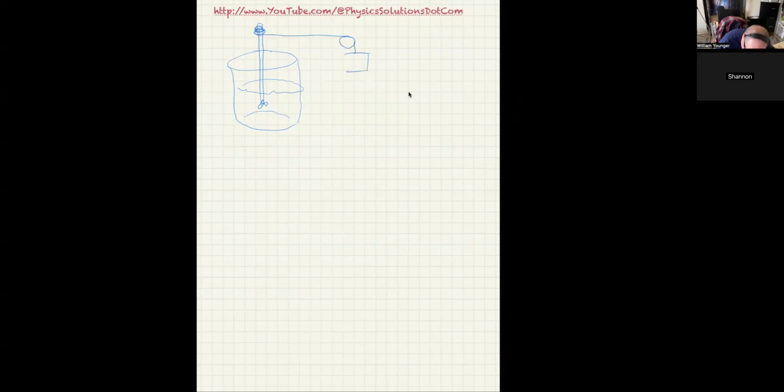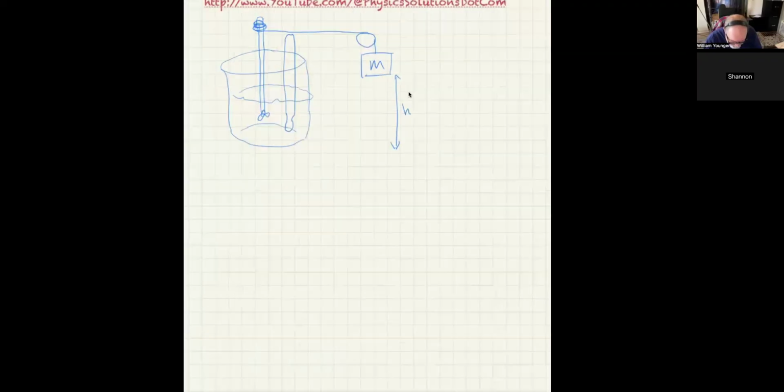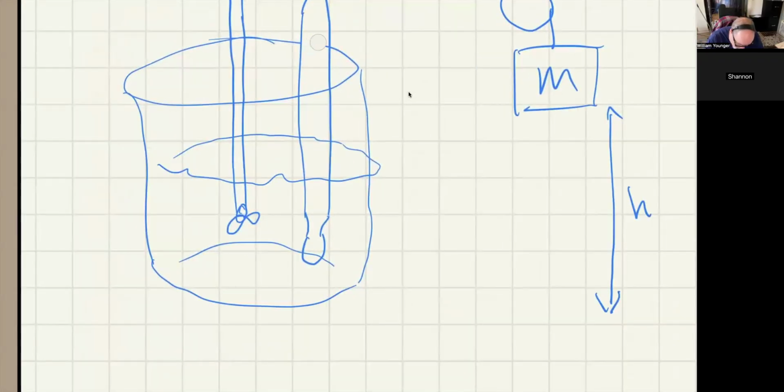And from that pulley, we have the string and a mass M hanging. And this mass M can be dropped a distance h and therefore accumulate an amount of energy equivalent to M times g times h, which is the potential energy. Now, in addition to having this in here, they had a thermometer as well. And what their plan was, we're going to go ahead and imagine taking this propeller and stirring the water to some extent.